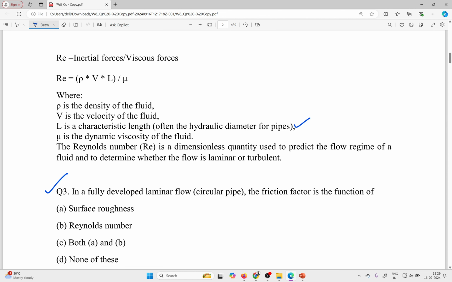Question number 3. In a fully developed laminar flow, the friction factor is a function of: surface roughness, Reynolds number, A and B, none of them. Hope you got it. What do you mean by laminar? A fully developed laminar flow you know already.